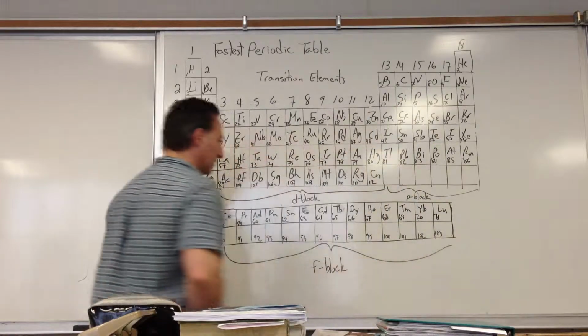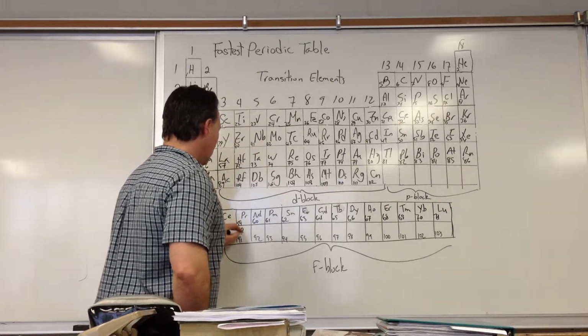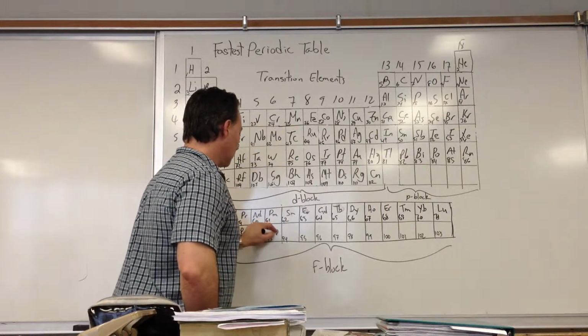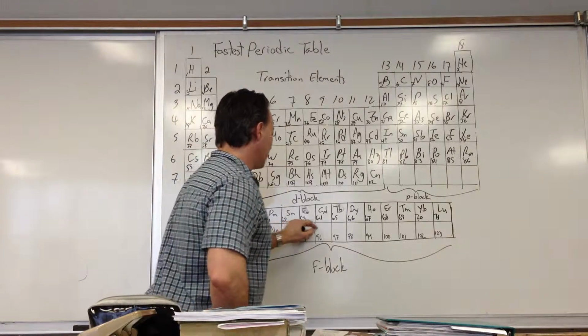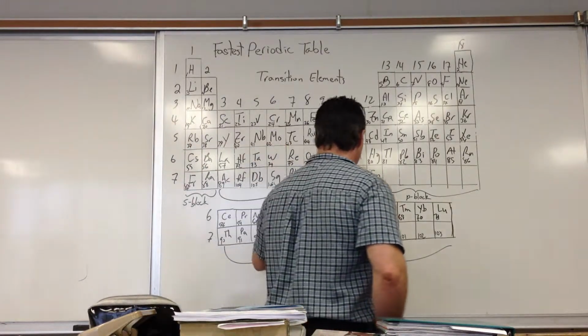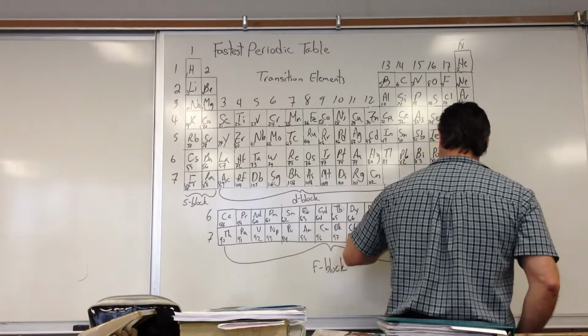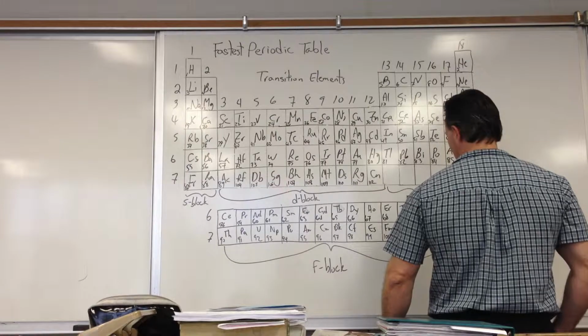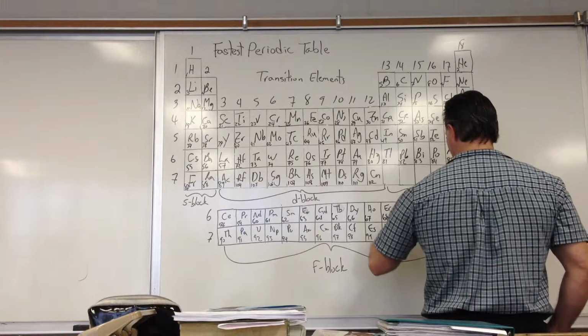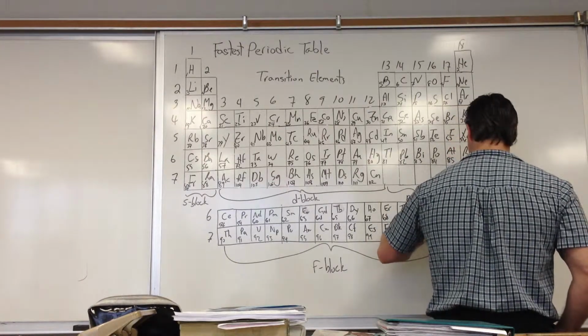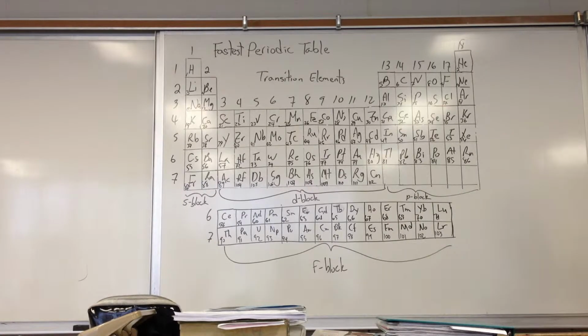And the last one, the actinides, are the symbols from thorium through lawrencium. That is the entire periodic table by memory.